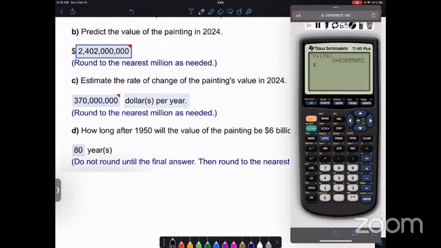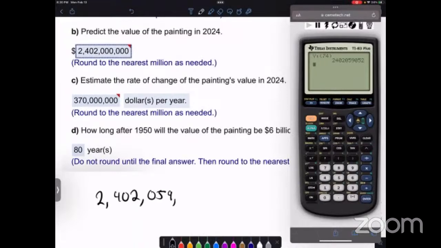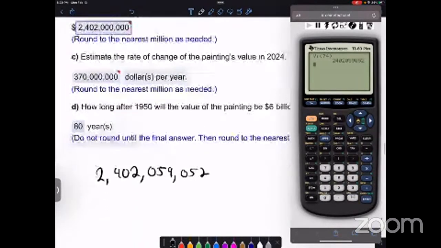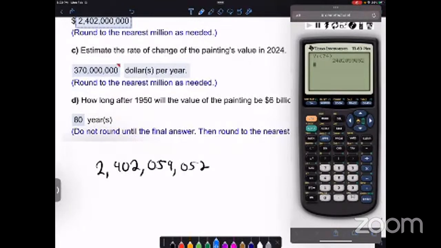Can I zoom in? So here, let's do this. In the calculator, we got 2,402,050,59,052. All right, that's what we got in the calculator. The millions place is right here. If this is the millions place, that means we have to look at the zero.